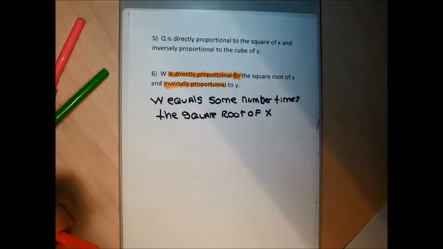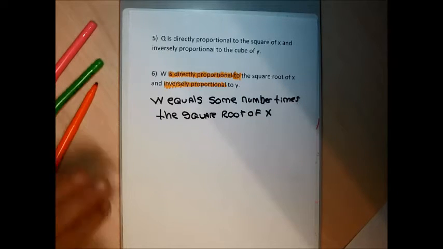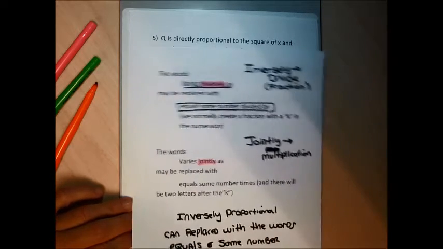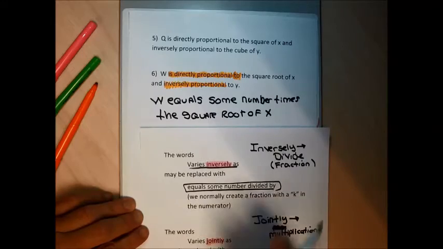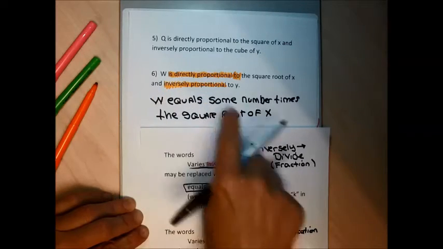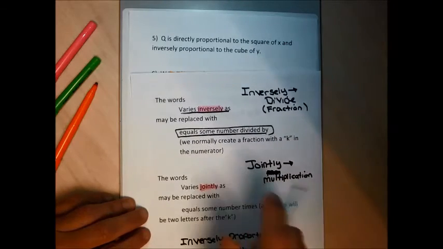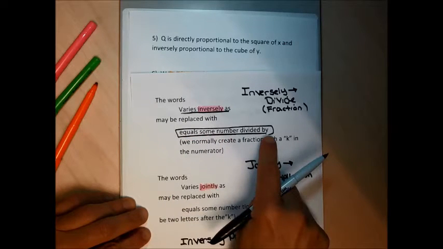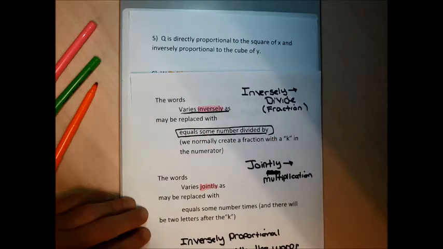I want to create one equation that has the same meaning as the sentence, and I'm not going to get two equal signs in a problem that has one equation. So when I go to rewrite the part that says and inversely proportional to y, I'm going to just say and equals some number divided by y, but I'm not going to get a second equal sign. And maybe I shouldn't put another word equals in there.